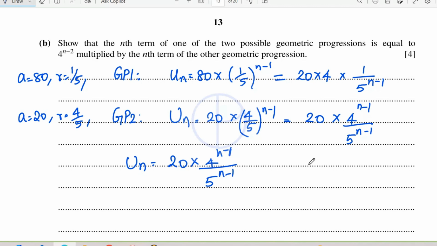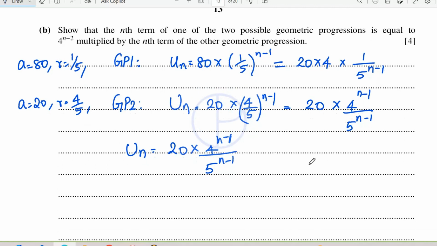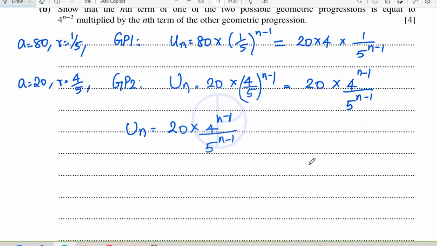Let's substitute from geometric progression 1 that 20 divided by 5 power n minus 1 equal to un. So divide by 4. So 20 divided by 5 power n minus 1 is equal to un divided by 4.